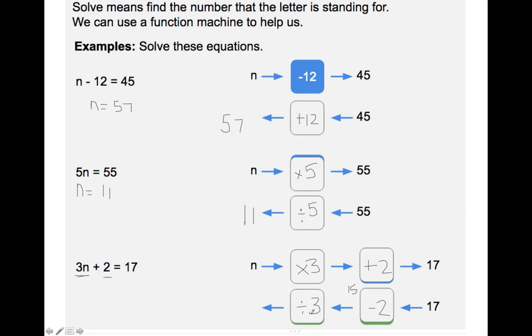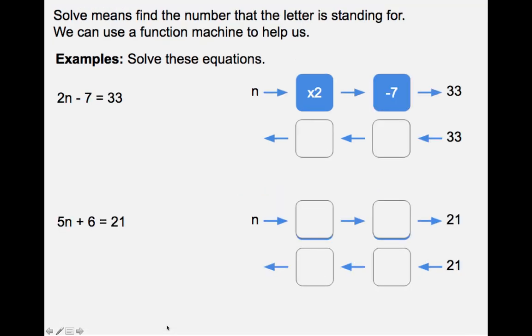And 15 divided by 3 is 5. n equals 5. And there are some more for you to try.